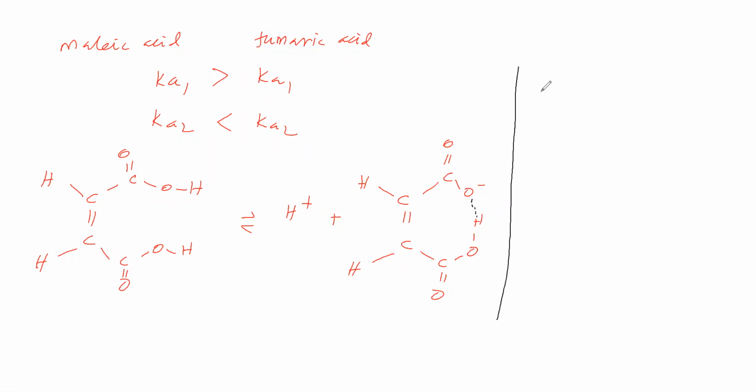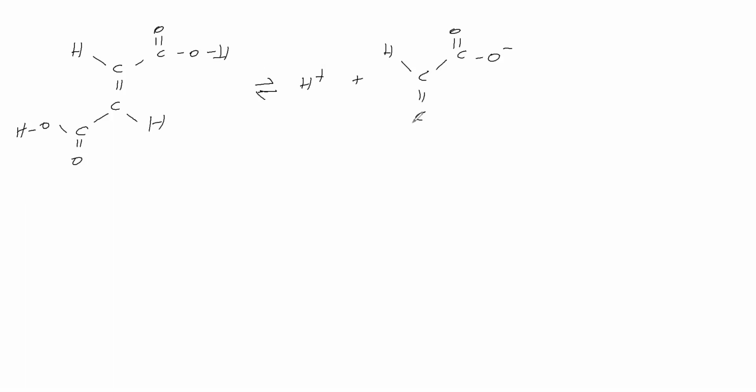Now fumaric acid we will take. What about fumaric acid? We take it like this. It gives H plus, and therefore we get the fumarate anion like this.